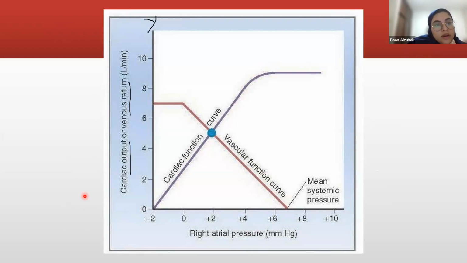So this red line over here is vascular function, i.e. cardiac output, i.e. venous return. This purple or blue curve over here is cardiac function, i.e. contractility. Okay? So I think I have another graph after this.